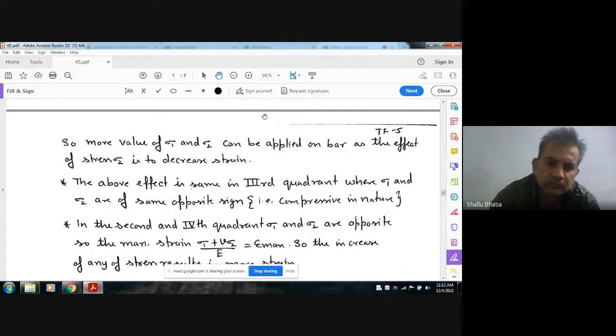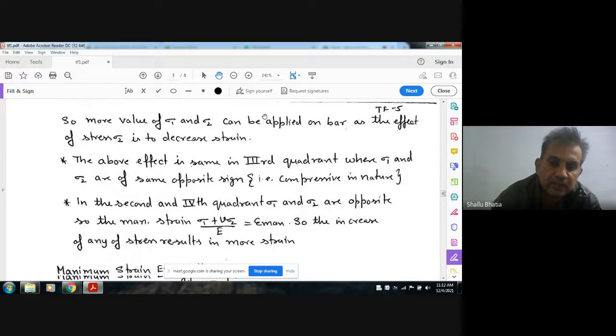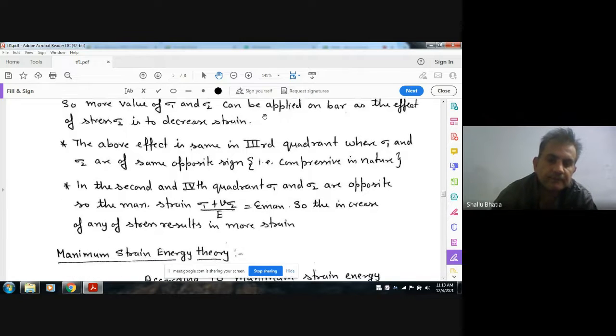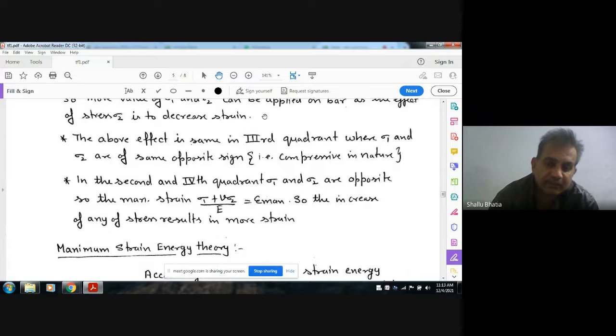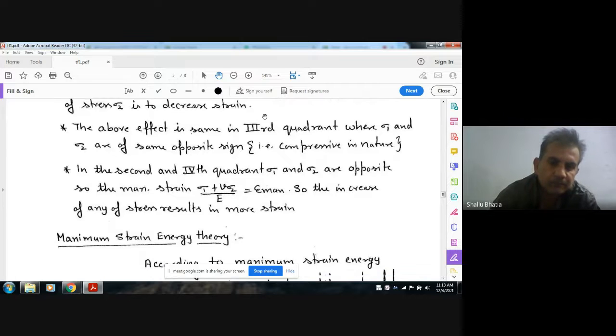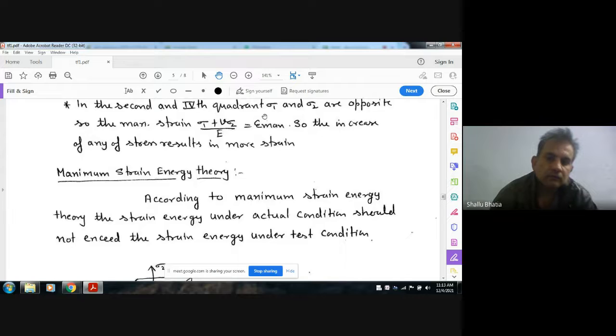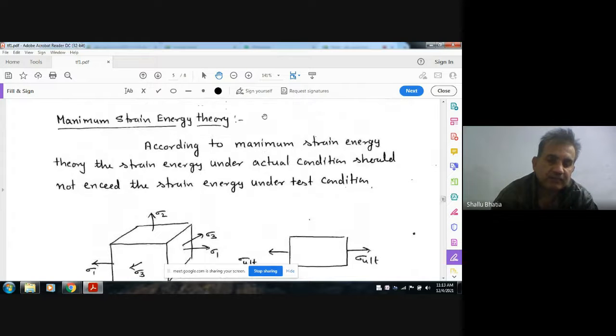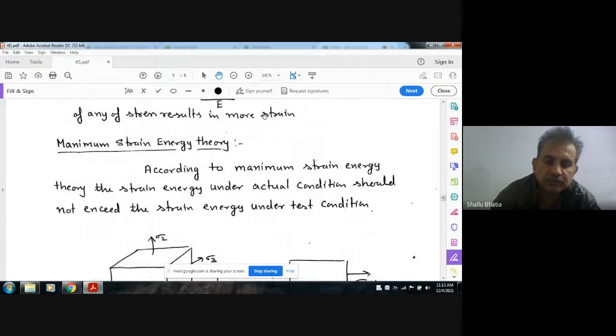The maximum strain will be sigma 1 plus mu sigma 2 by E, that is e max. So increase in any of the stresses will result in more strain, because both are increasing or decreasing the length. That is the graphical representation of the maximum strain theory.